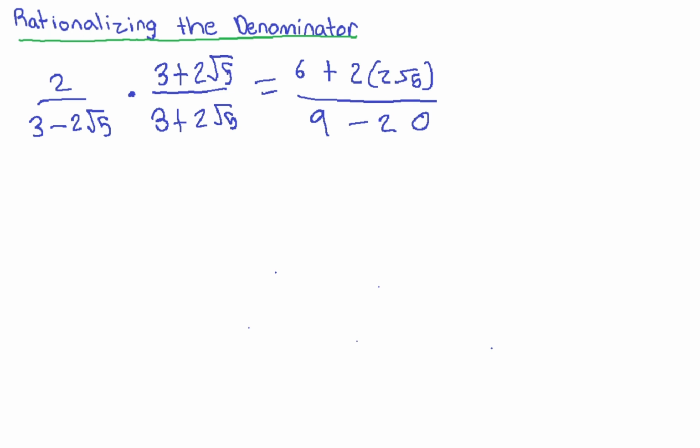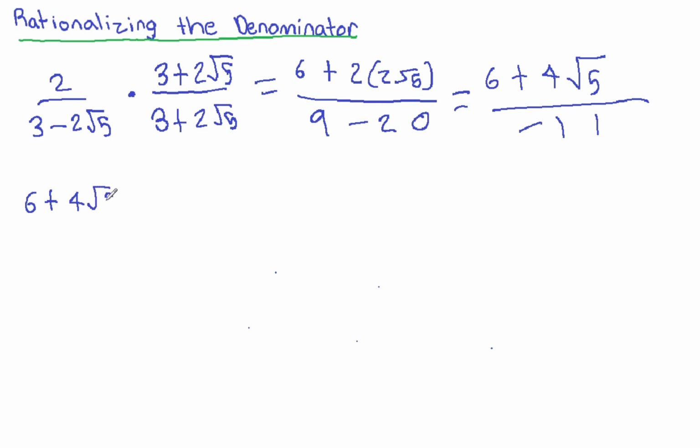And now you just solve it out. So you get 6 plus 4 root 5 over 9 minus 20, so negative 11. And so this is the final answer. You can write it as 6 plus 4 root 5 over negative 11, which is an acceptable answer.